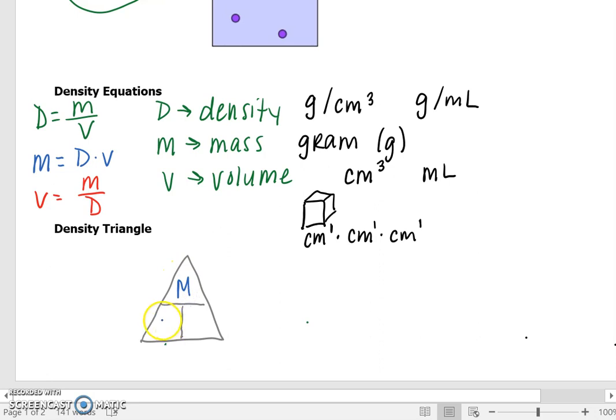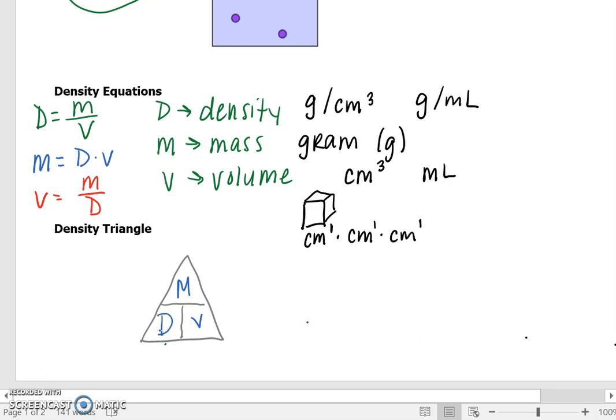So we have mass, density, and volume. So this is hard for me to kind of do here without being able to cover. But let's say that I was solving for density. Then density equals mass divided by volume, because here you can see that the M is over the V.